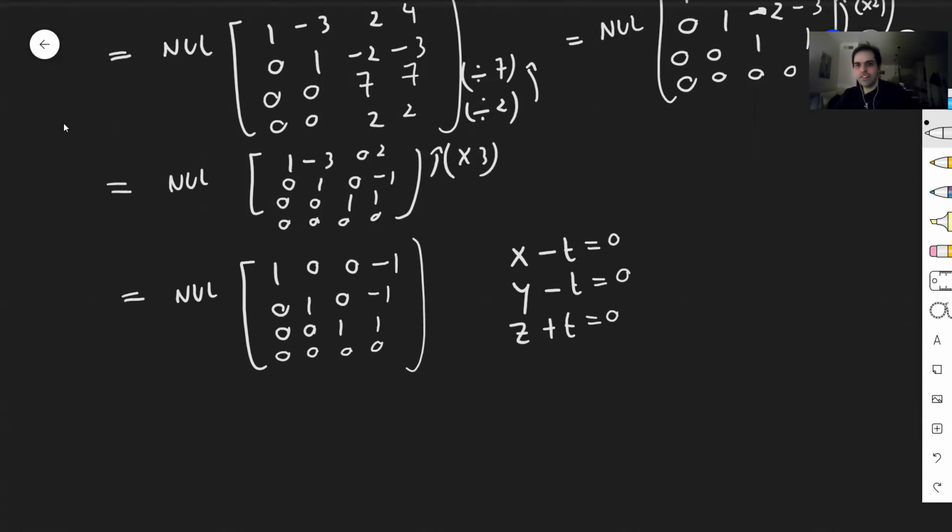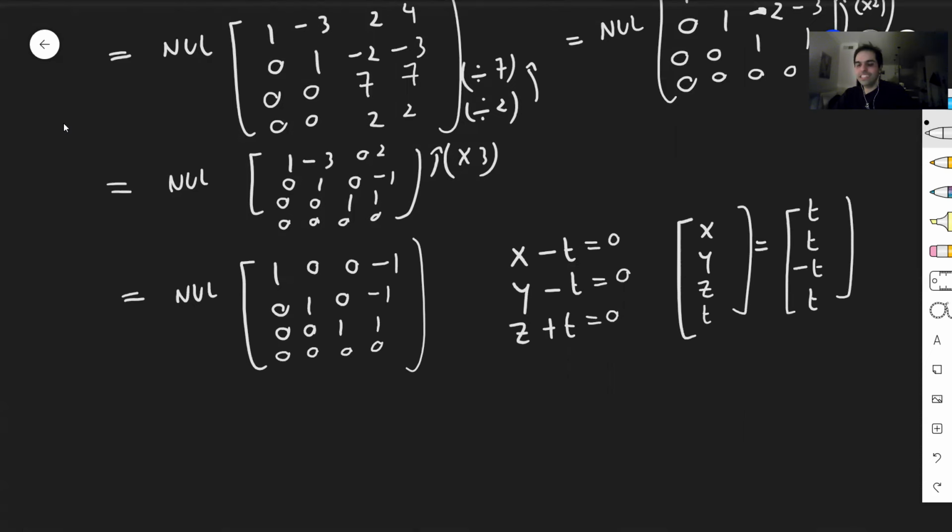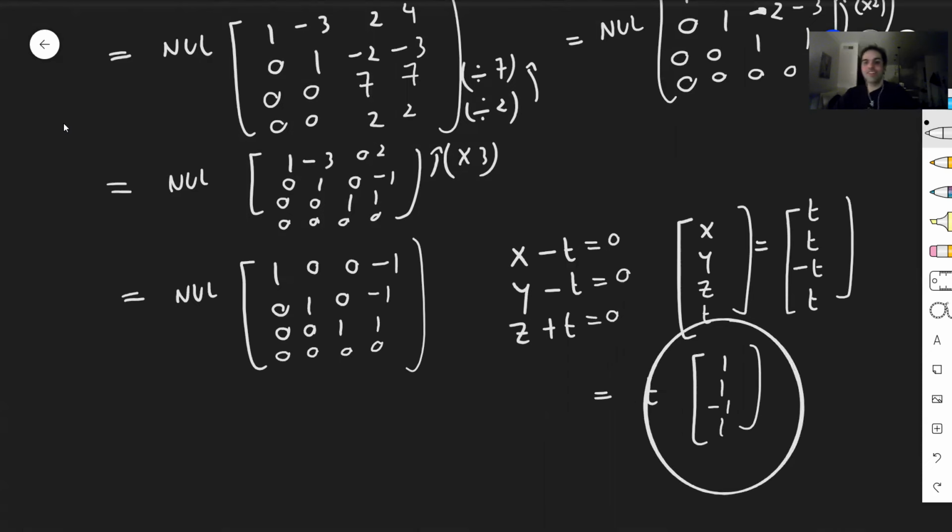So in particular, if you take the vector x, y, z, t, that's just, okay, x is t, y is t, z is minus t, t is t. So t times (1, 1, minus 1, 1). Okay, so that is our first eigenvector, (1, 1, minus 1, 1). And now the same thing 3 more times.